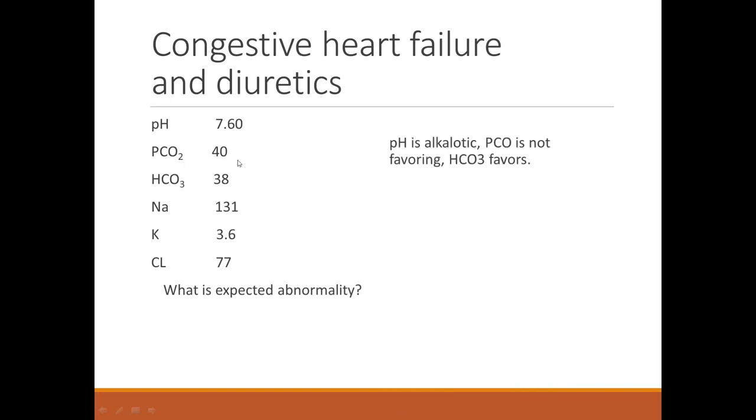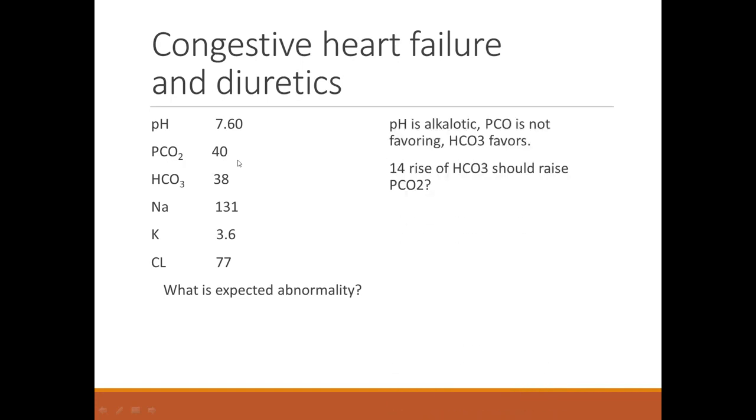So what will be the expected abnormality? We can see there is a 14 rise. The 14 rise of bicarbonate should raise PCO2 up to 10, and the diagnosis becomes metabolic plus respiratory alkalosis.